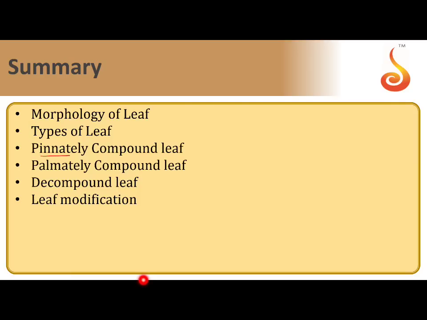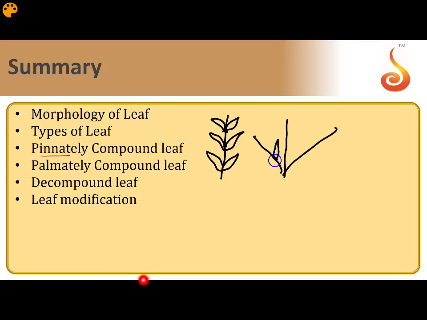Moving on, the third point, pinnately compound leaf. In pinnately compound leaf, we said pinna-like extensions of 2, 2, 2, 2 in number happen. In pinnately compound leaf, we have unipinnate, then we have bipinnate.